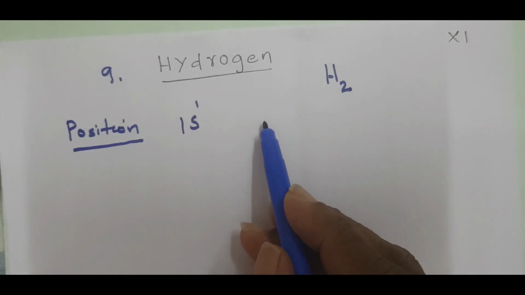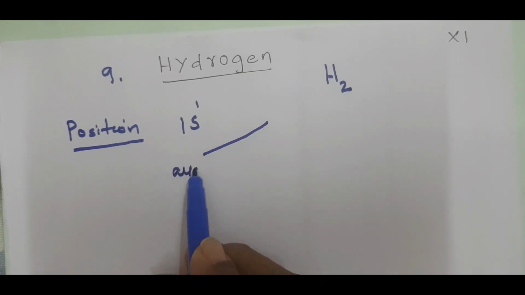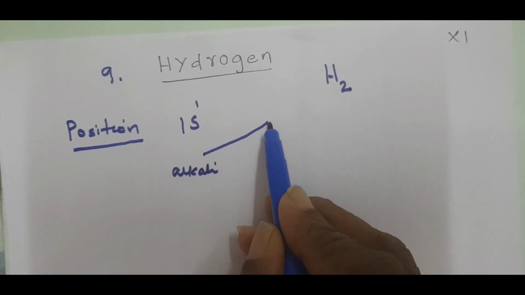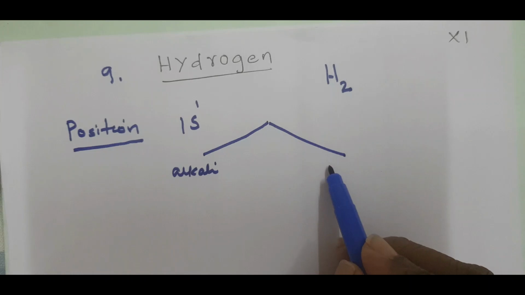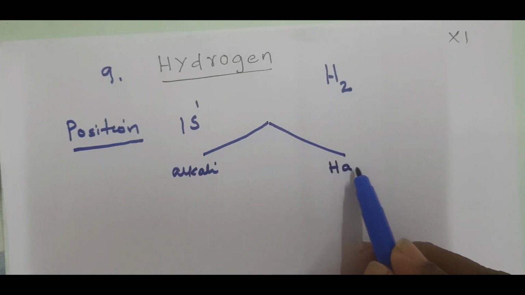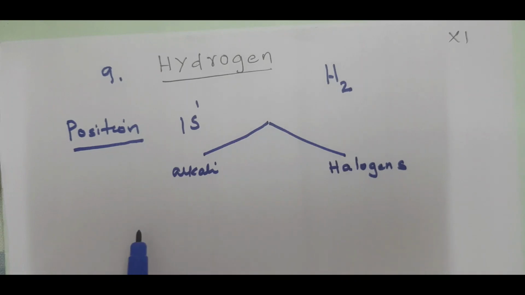It has an electronic configuration of 1s1, but it resembles two ways. One, it resembles the first group elements, that is alkali metals, correct? And the second resemblance is with fluorine, chlorine, bromine, that is halogens. So the second resemblance is with halogens and the first resemblance is with alkali metals.